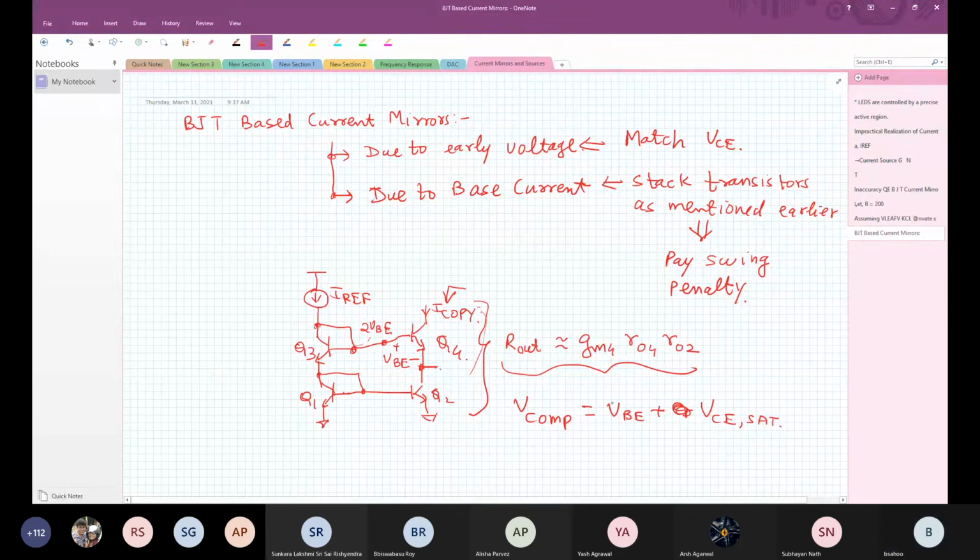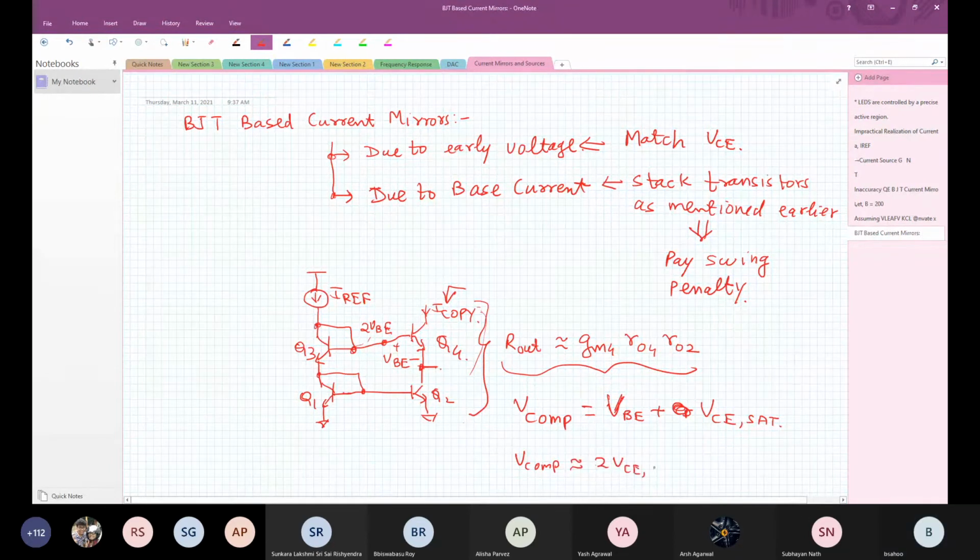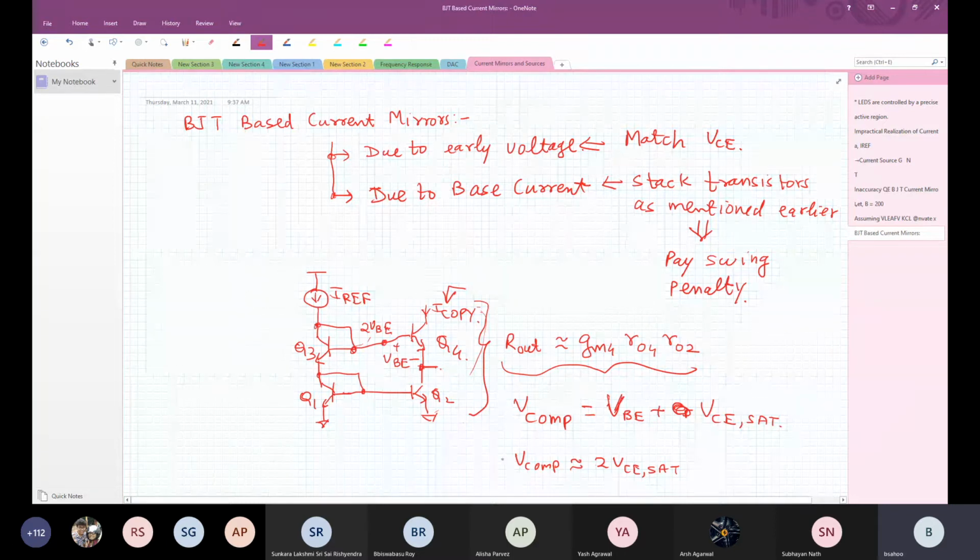Now how do you design this topology such that the compliance voltage is equal to twice VCE sat? That means this will be VCE sat, this will be VCE sat. How do you design this? And when you try to make this, how do you satisfy this as well as get 100% accuracy, meaning you match the VCE?